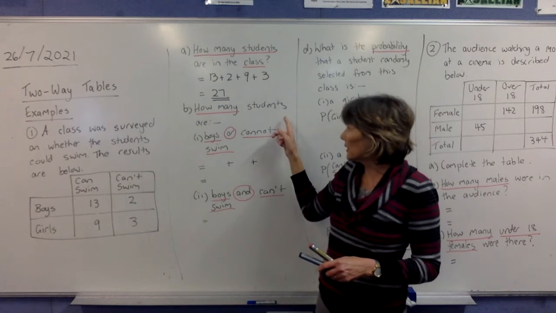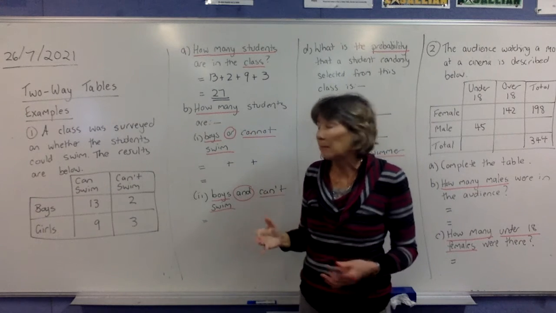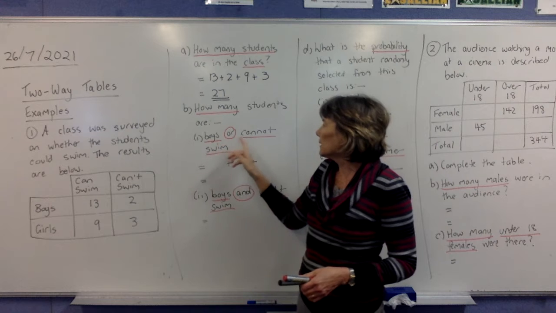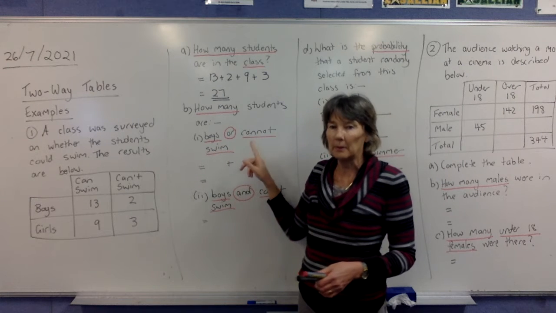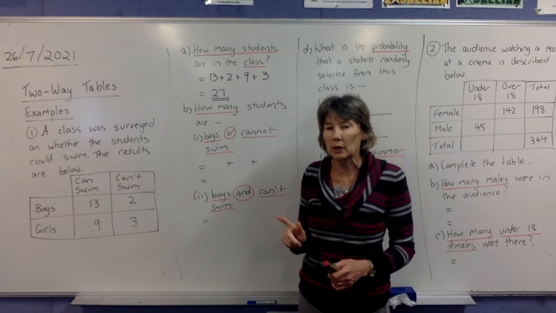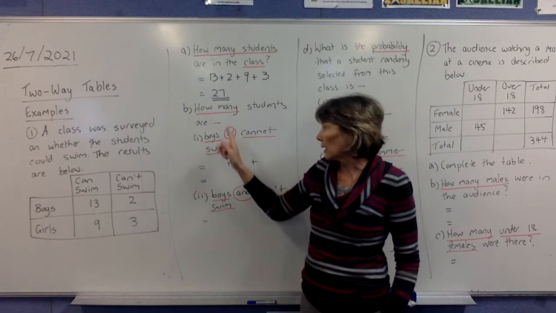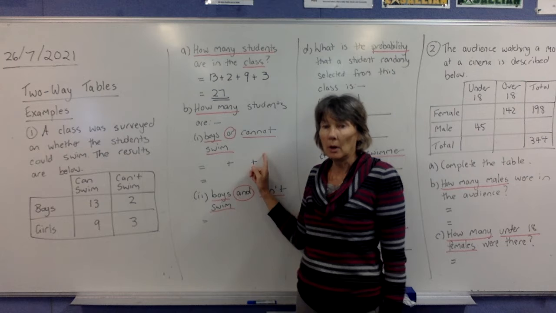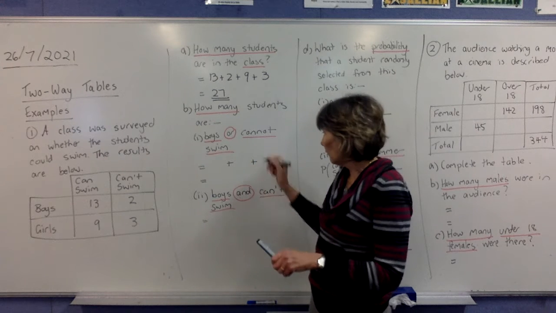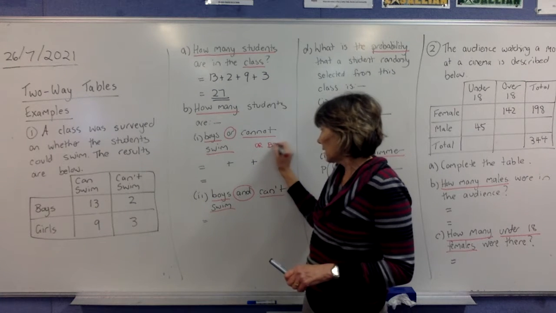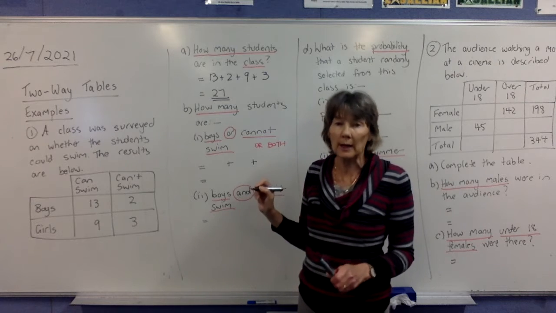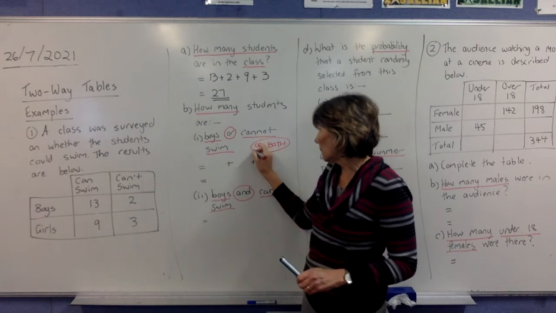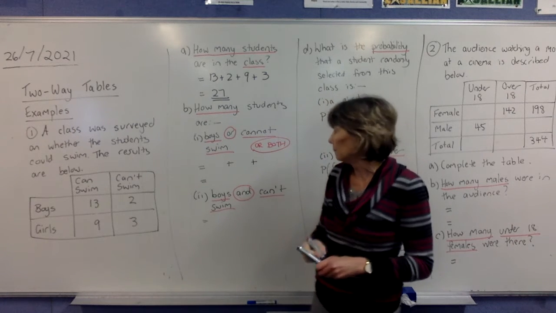Now the next question says how many students, so we're looking for a number, are boys or cannot swim. Now remember what we said about or last time. Or means they can be boys or they can't swim or both. So don't forget that it does include the boys who can't swim as well. That bit sometimes people ignore.